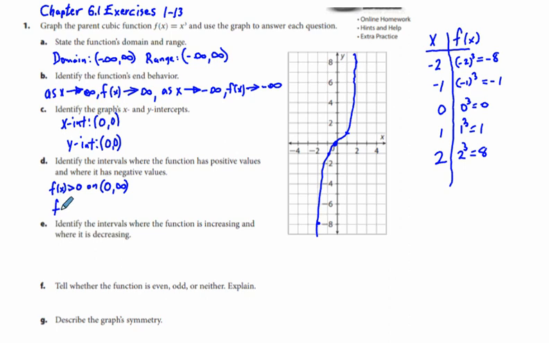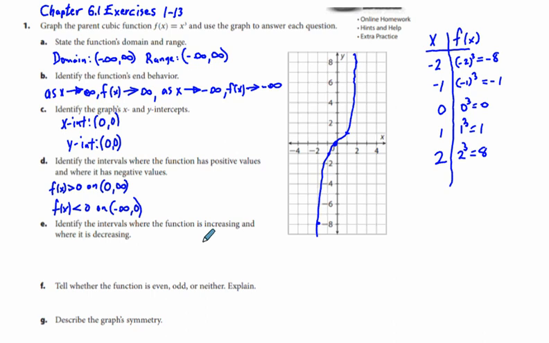And f(x) is negative, or less than 0, on the interval from negative infinity to 0. And we can see that with the graph quite well.